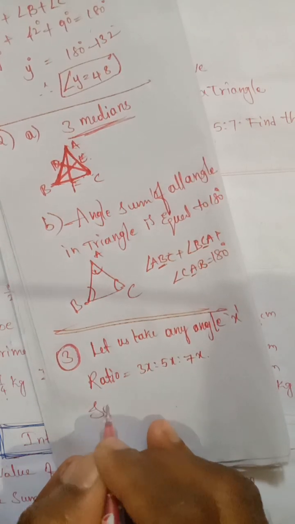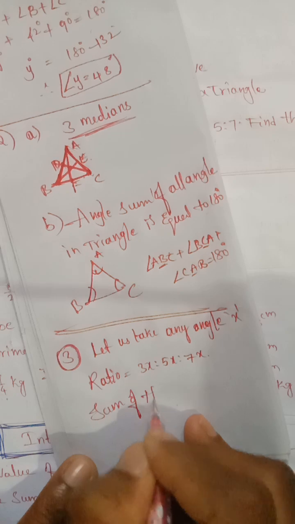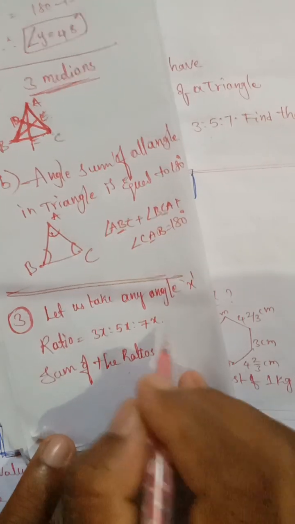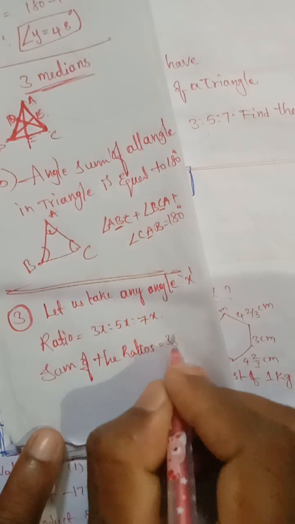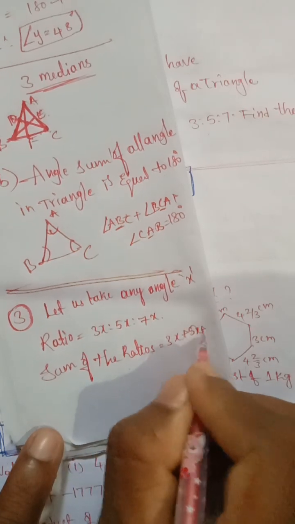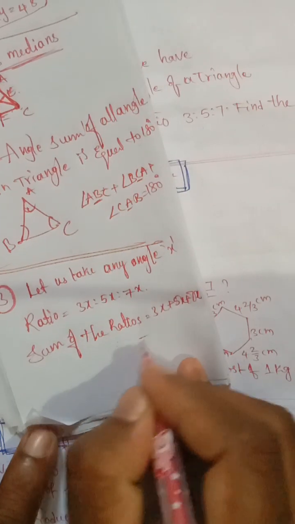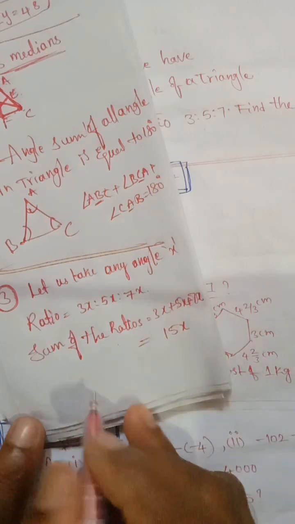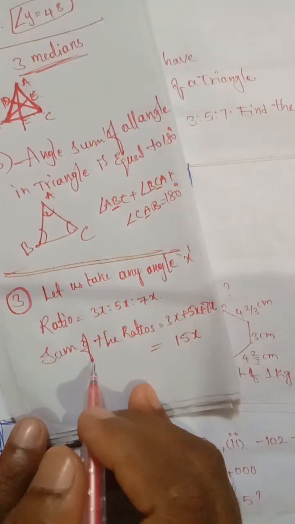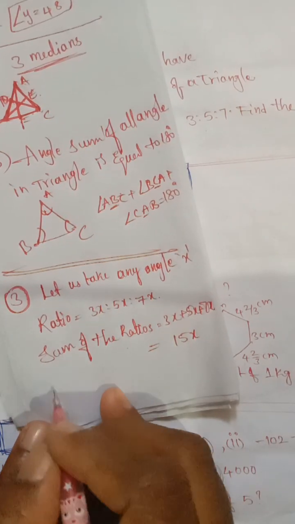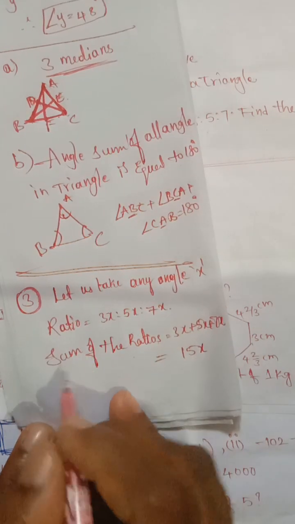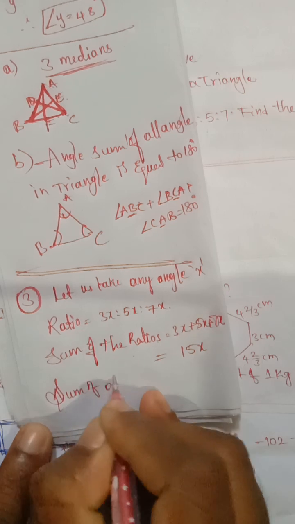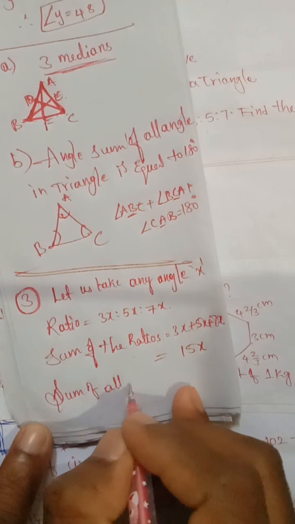The sum of the ratios is 3x plus 5x plus 7x. 3 plus 5 is 8, plus 7 is 15x. The sum of all angles in a triangle is 180 degrees by the angle sum property.